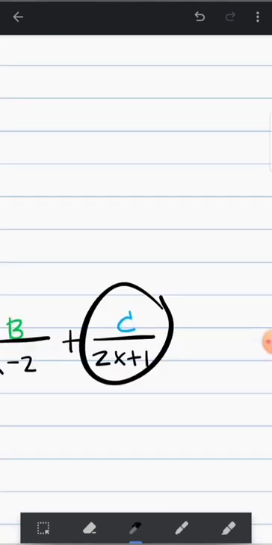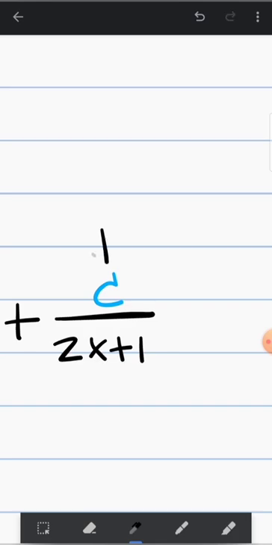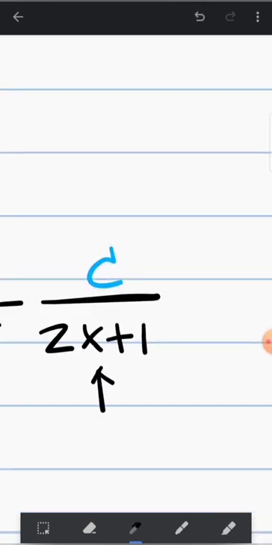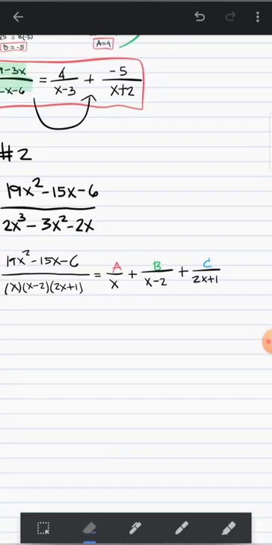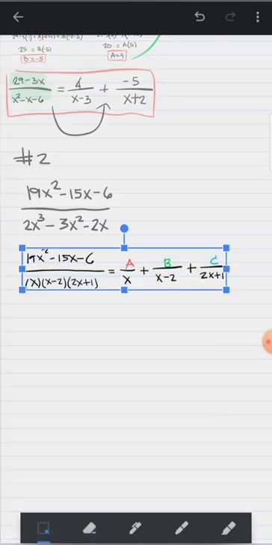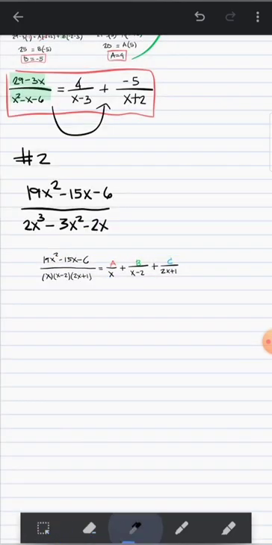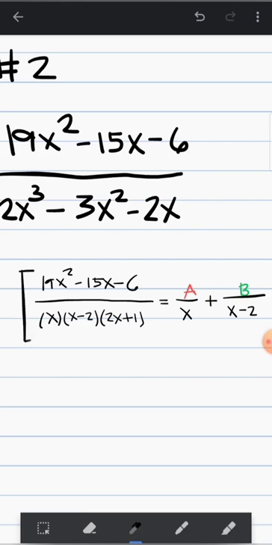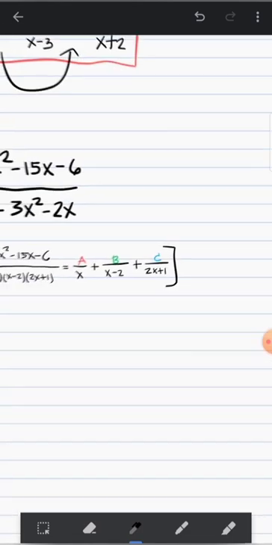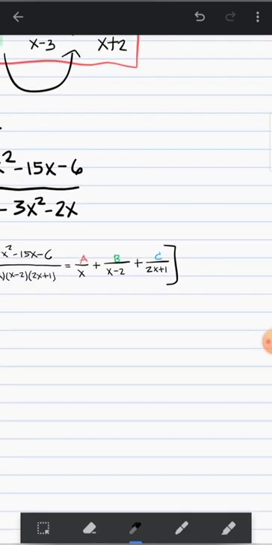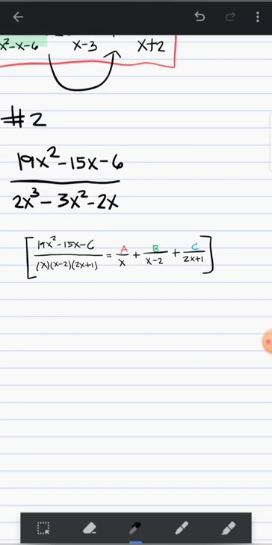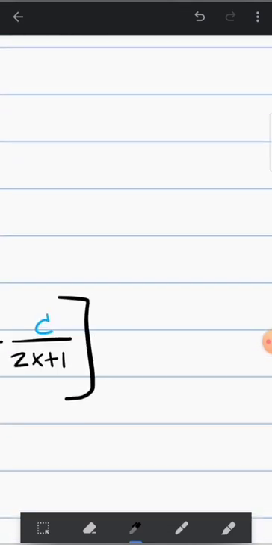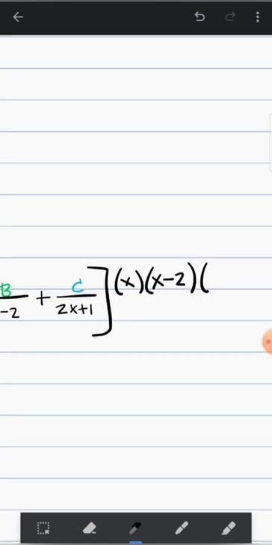Notice that this still satisfies the condition because above is a constant and below is a linear term. Again, we're going to multiply this by the factors and generate an equation, then solve for a, b, and c. That's the whole process. So this would be x times x minus 2 times 2x plus 1.